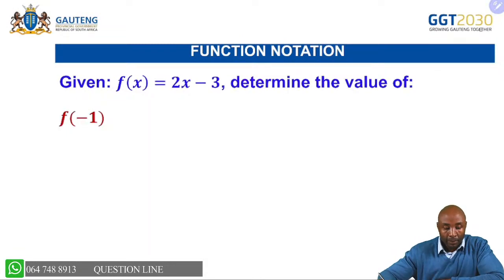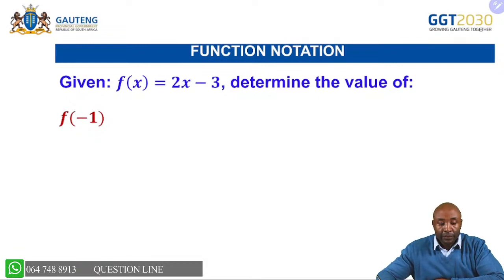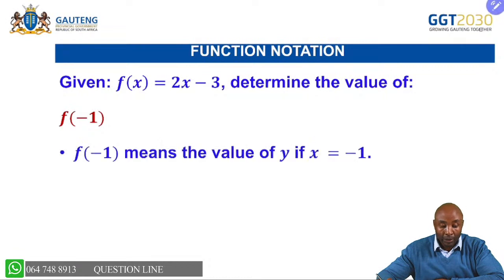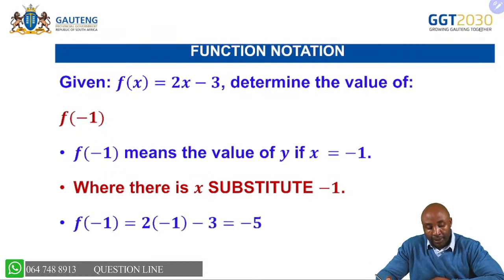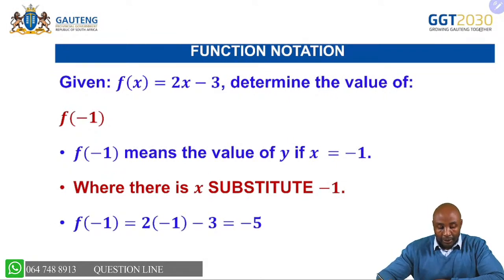There is an example. We are given f of x as 2x minus 3, and we want to evaluate f of -1. So where there is x, we substitute -1, and we get -2 minus 3, and that gives us -5.